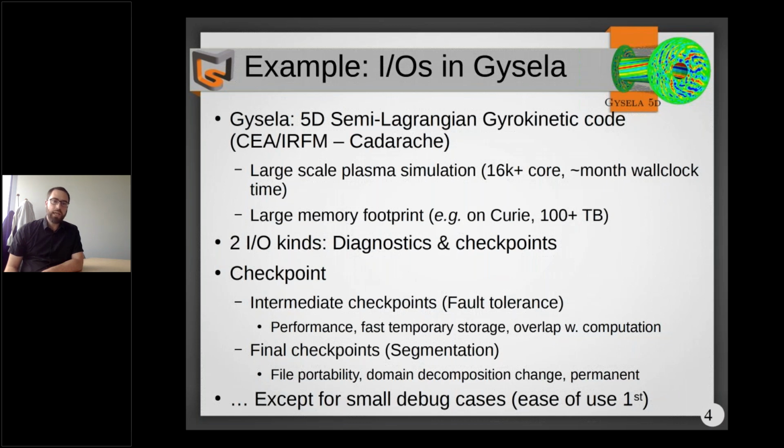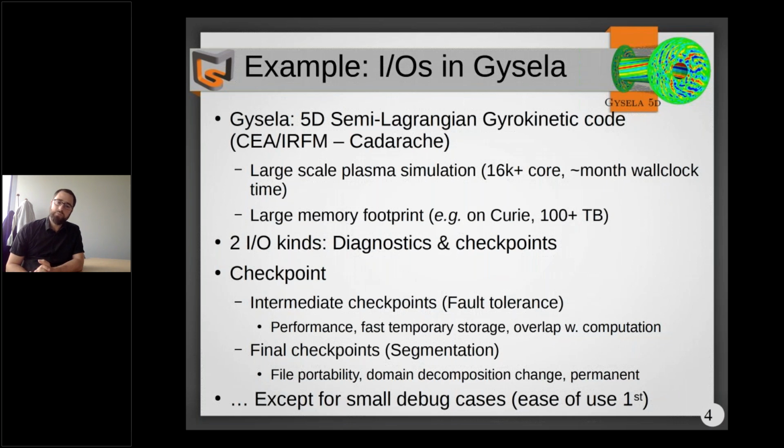In this application, there are two kinds of I/O. On one side, we have diagnostics, and on the other side, we have checkpoints. So diagnostics are the results of the simulation written all along the simulation that contain the results that the scientists want to use. And the checkpoints are used for two purposes.